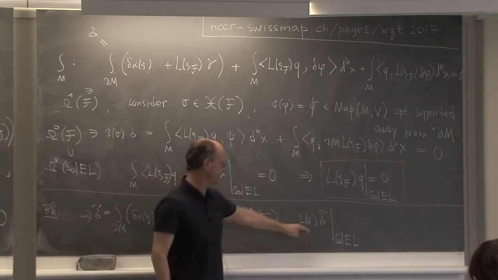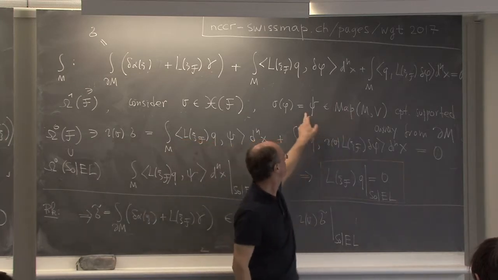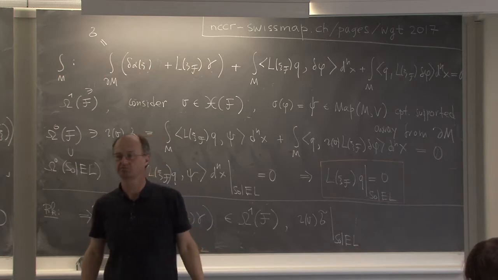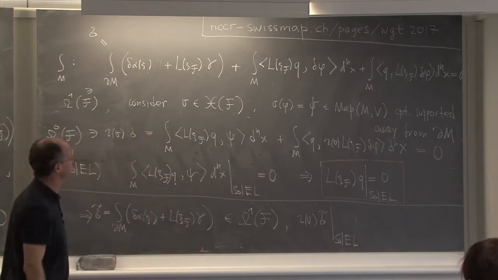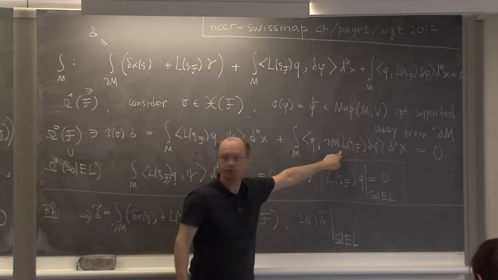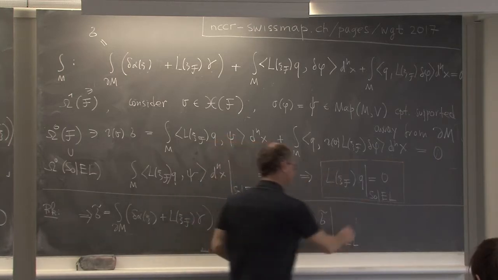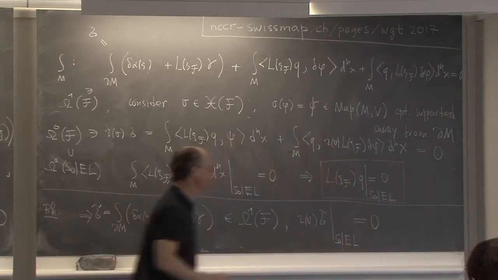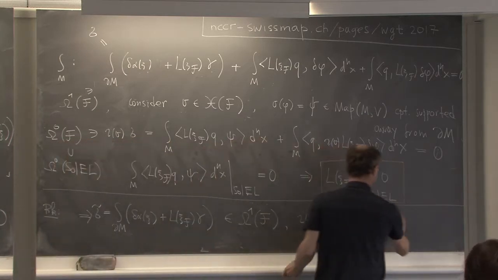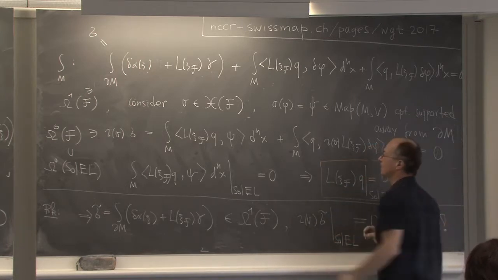Now we take arbitrary v, whatever it is. It doesn't matter whether psi is compactly supported or not. Let's take any psi. But we already know that this term is 0 and this term is 0 on Sol L. This means that this has to be 0, for any psi.